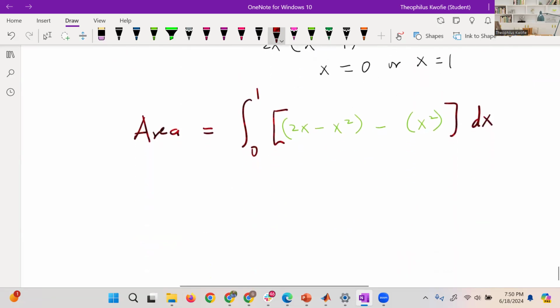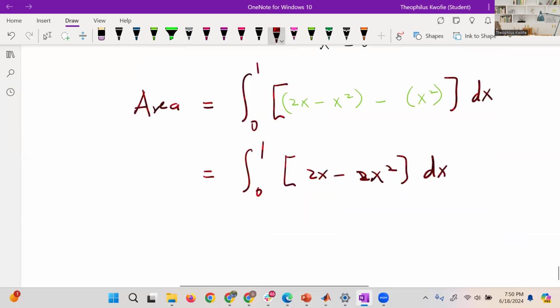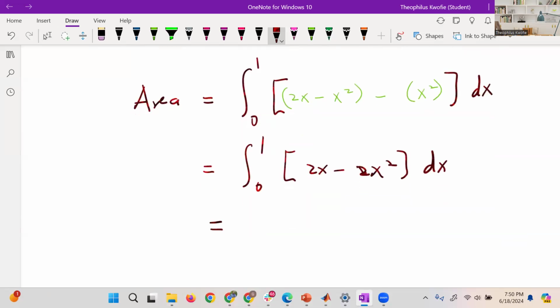Good. Now, when we perform the arithmetic and simplify the integrand a bit, you should have 2x minus 2x squared. When you factor out 2 and simplify, you should have x to the power 2 on 2 minus x to the power 3 on 3.